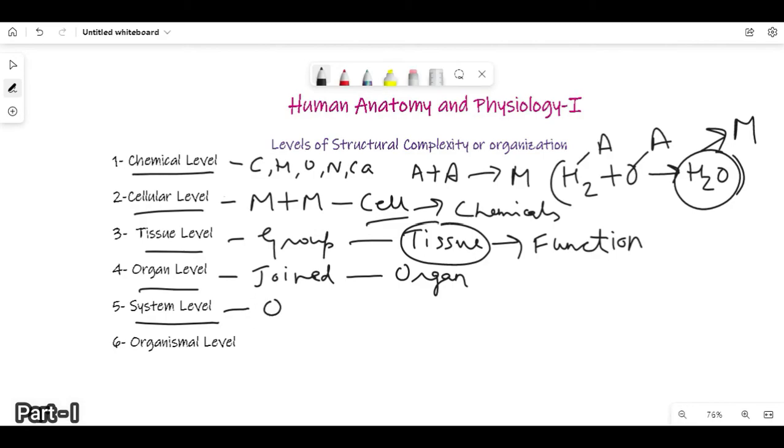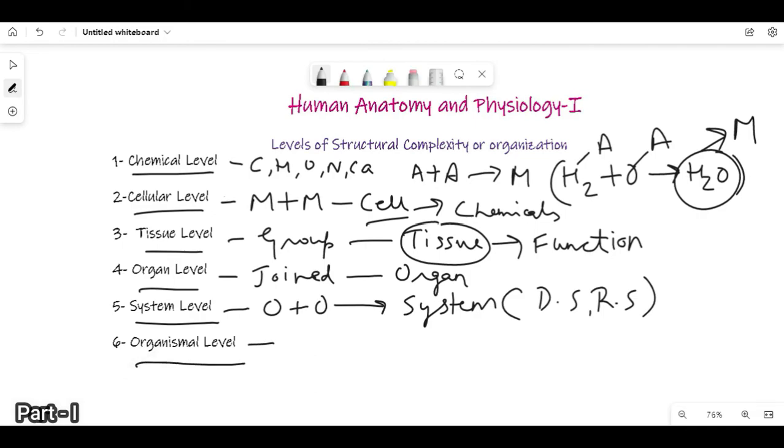The fifth one is the system level, where organ plus organ is a system, like the digestive system, respiratory system, etc. The sixth one is the organismal level.